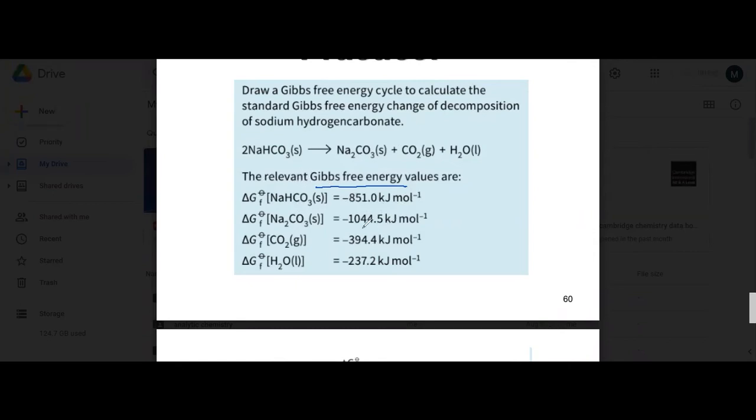So we have this product and this. Just add these three together and then minus this. Don't forget to multiply by 2, since it has a coefficient of 2. The result is positive 25.9. So delta G is positive, that means not spontaneous.